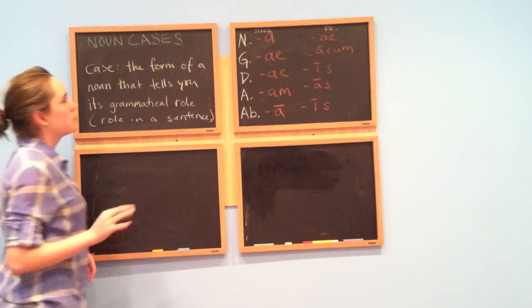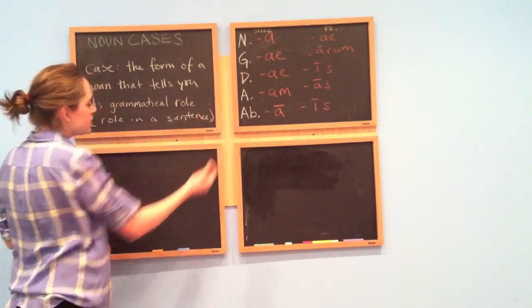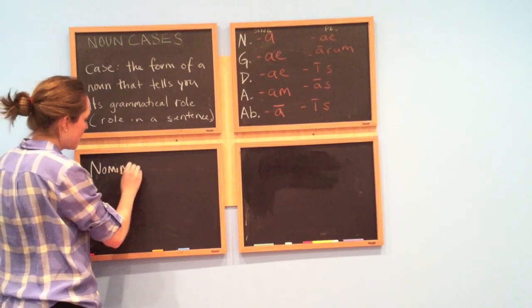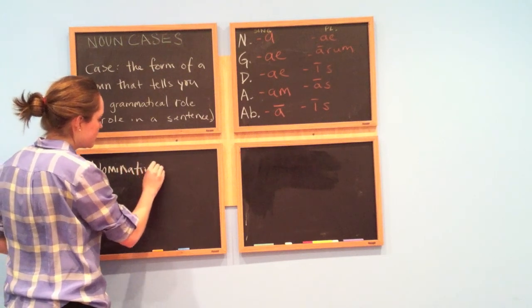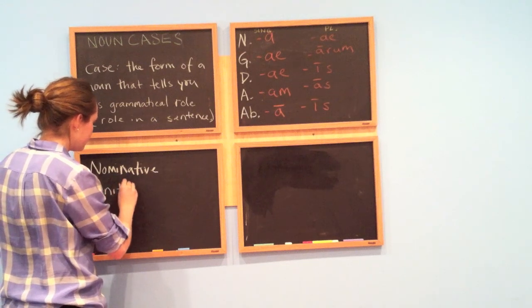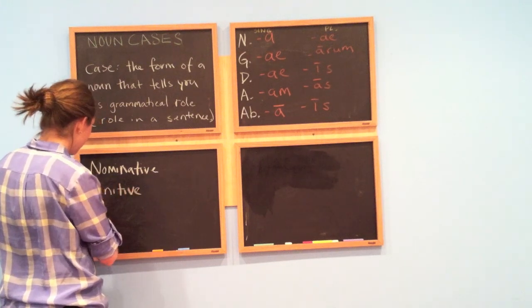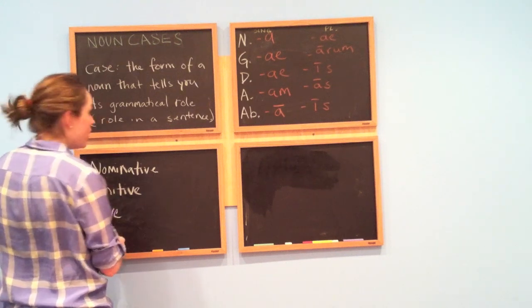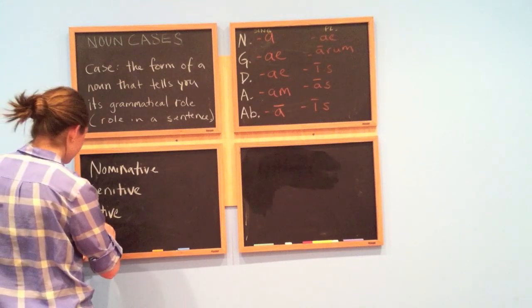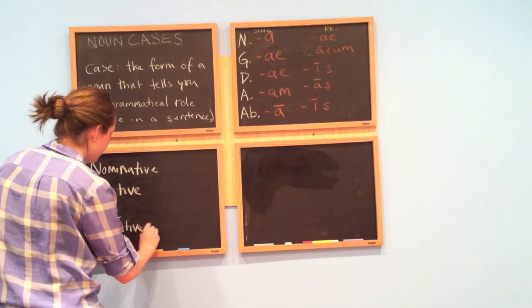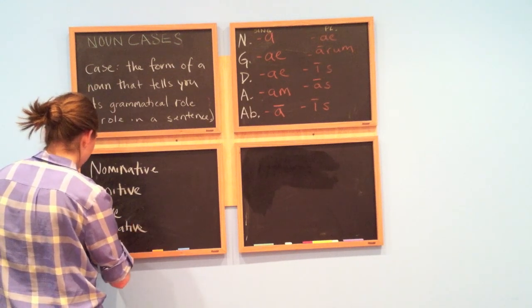Let's write out the actual terms for these abbreviations. N stands for nominative, G stands for genitive, D for dative, A for accusative, and AB for ablative.